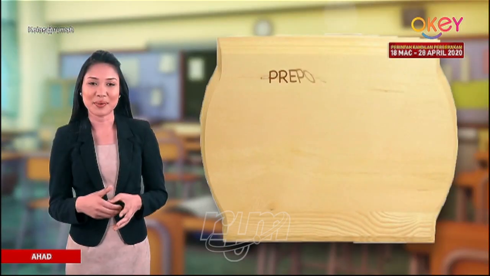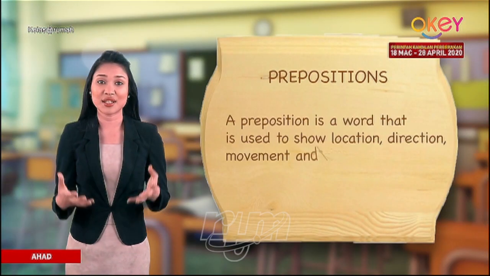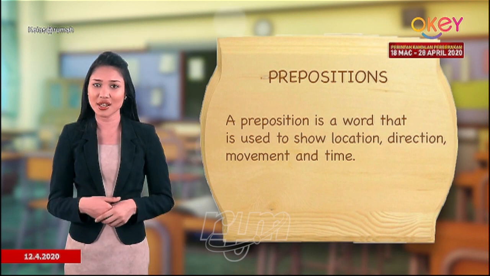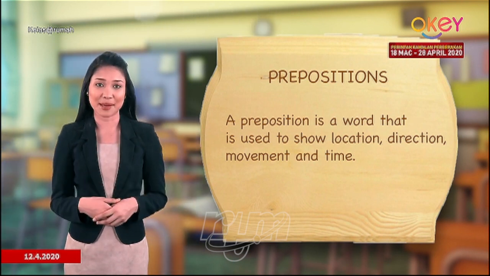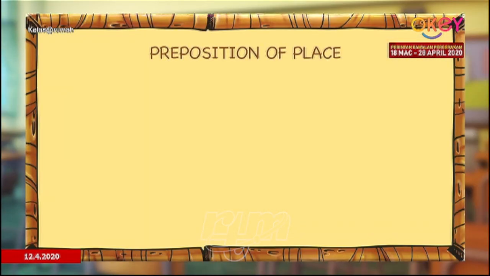Number 2, prepositions. A preposition is a word that is used to show location, direction, movement, and time. Preposition of place is used to describe where something is.